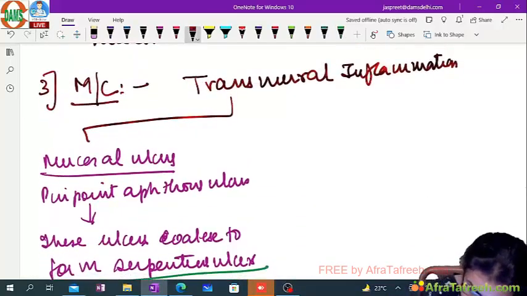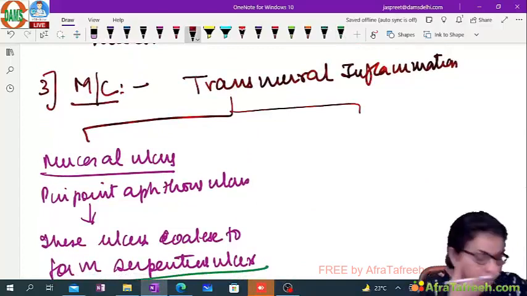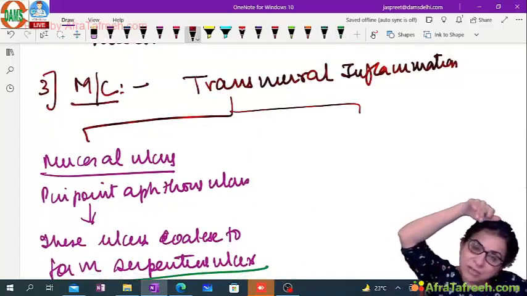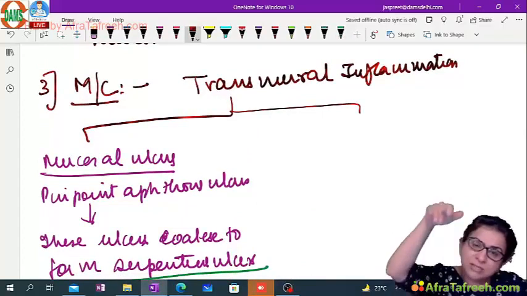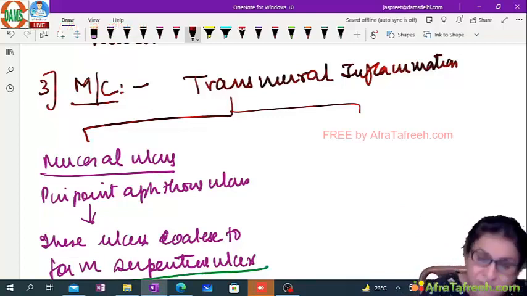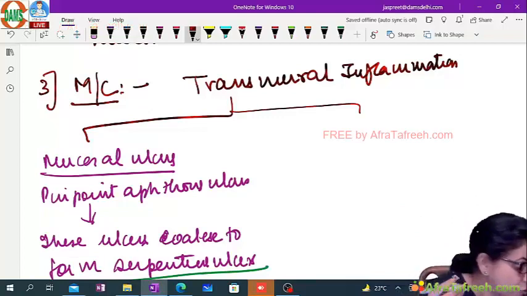Now, second, there is transmural inflammation. So transmural inflammation will damage all the layers: mucosa, submucosa, muscle coat, serosa, all are damaged. So transmural inflammation causes fistula formation.